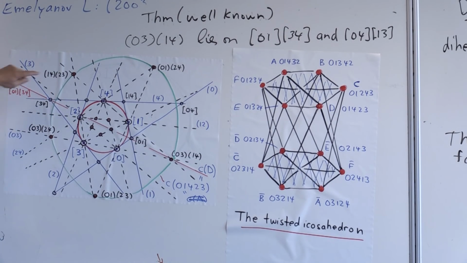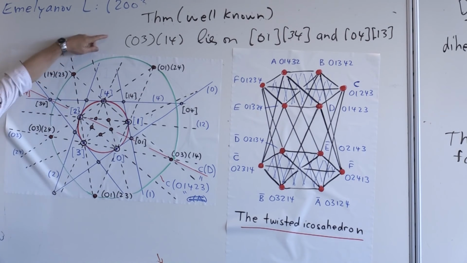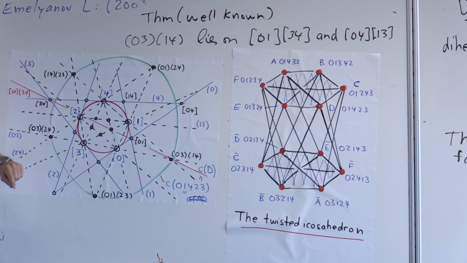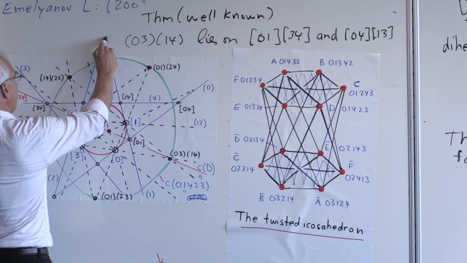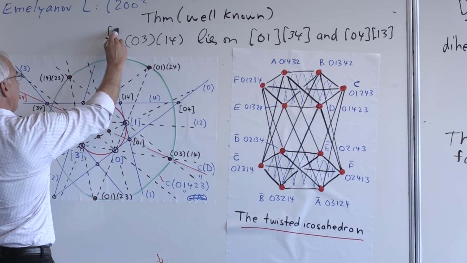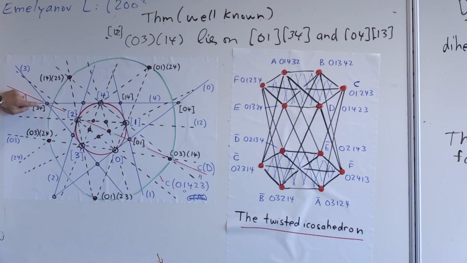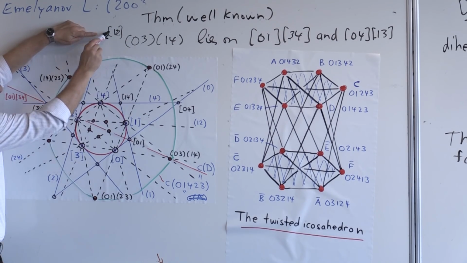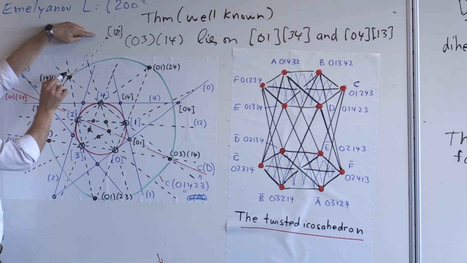That means that if we're interested in the tangent to this conic at this point, it should be the thing that goes through 1, 2 and 3, 4. So here's 3, 4. Where's 1, 2? There's 1, there's 2. 1, 2 will be up here. Allow me to do that. So if you join 3, 4 and 1, 2, you will get the tangent to the conic at that point.